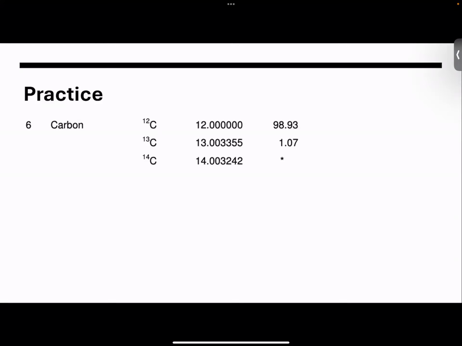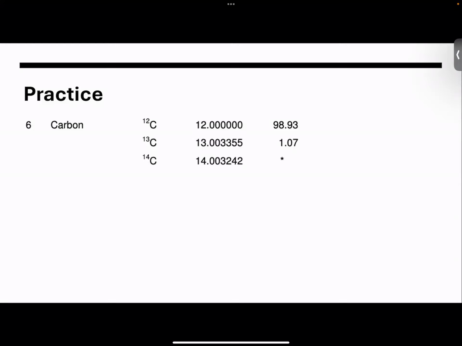So, as I mentioned, if I go dig up a sample of carbon, roughly 99%, it's actually 98.93%, is carbon 12. But 1.07% is carbon 13, that has a mass of 13.003355.